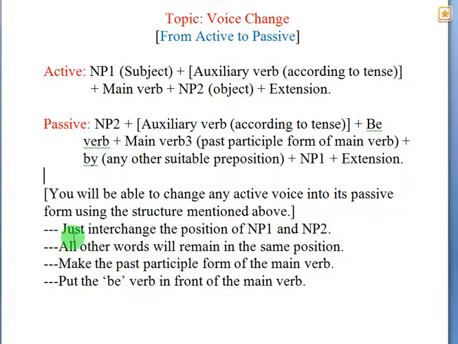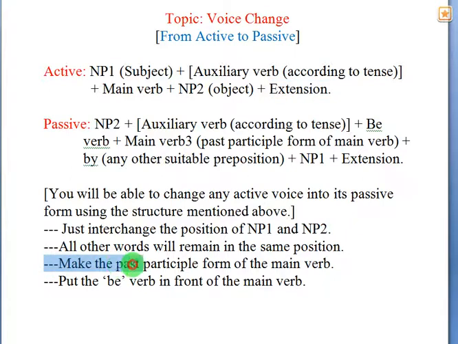Just interchange the position of subject and object. Then all other words will remain in the same place. That means if there is an auxiliary verb, it will remain here. If there is an extension, it will remain here. All other words will remain in the same position.